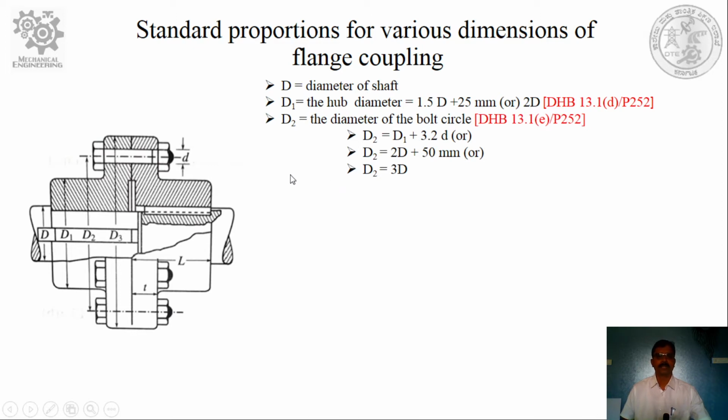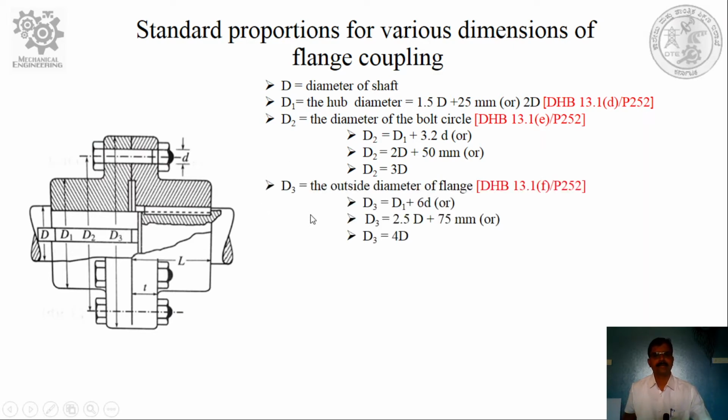D2 is the diameter of the bolt circle, or pitch circle diameter of the bolt. It may be D2 equal to D1 plus 3.2d, where d is the bolt diameter, or D2 equal to 2D plus 50 millimeter, or D2 equal to 3 times D. D3 is the outside diameter of flange.